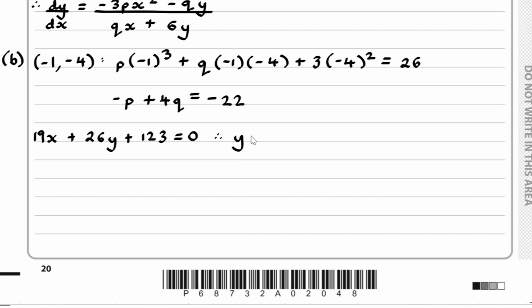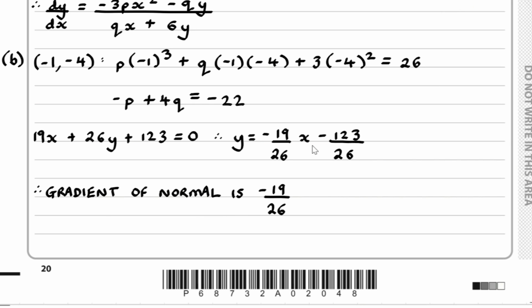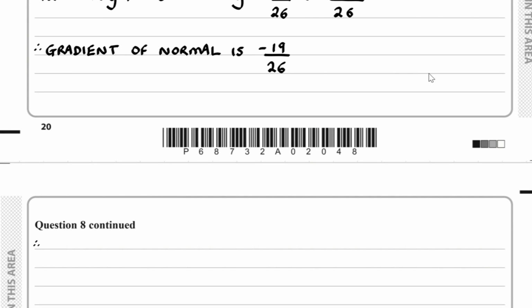And if we do that, we would have y equals minus 19 over 26 x minus 123 over 26. So what can we conclude from here? Well, we can conclude that the gradient of the normal is minus 19 over 26. And so therefore, the gradient of the tangent is 26 over 19.